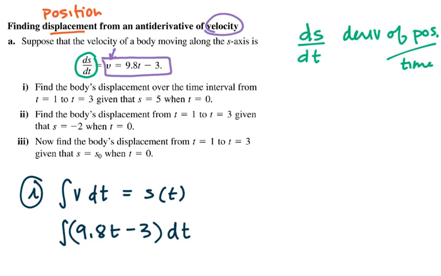We're going to find that integral, or the antiderivative, with respect to the independent variable t. So this becomes 9.8. The integral of t is t squared over 2, minus 3. My integral of 3 just becomes 3t, plus c.